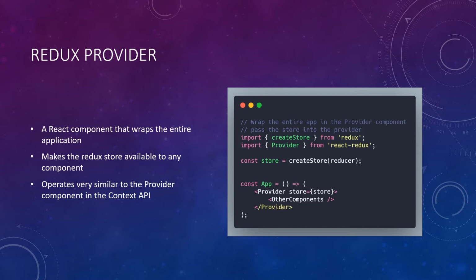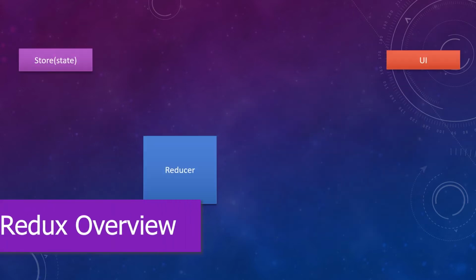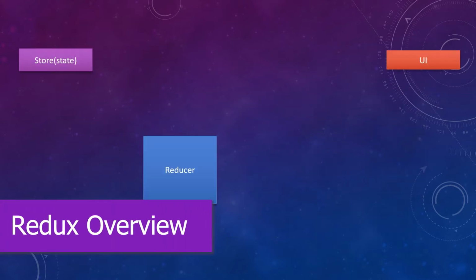All right, guys, so that's most of the theory behind Redux. I want to wrap up by showing you one little diagram or demo that's going to walk us through how all of these pieces play together. Within a Redux application, we're going to have three main things running.